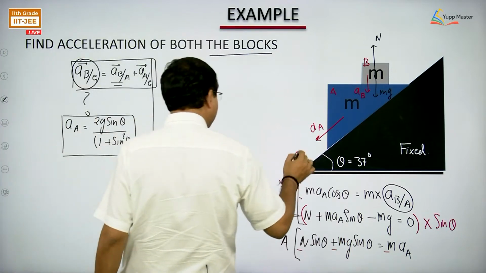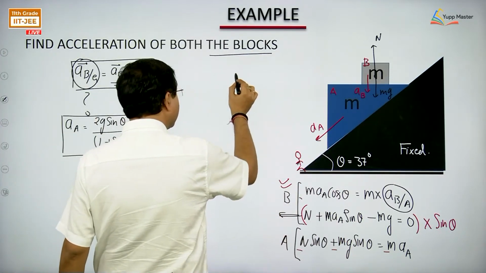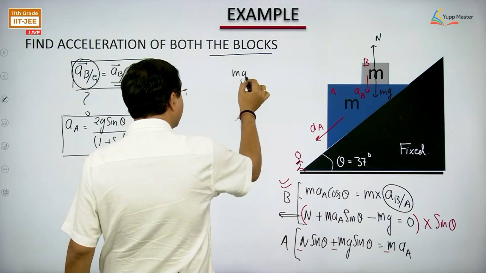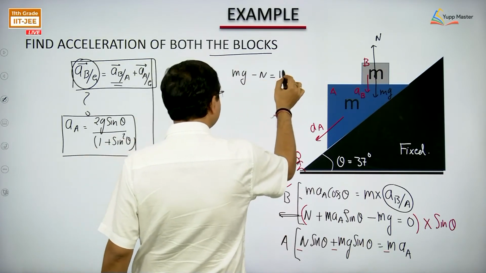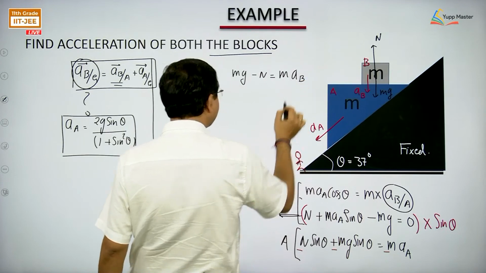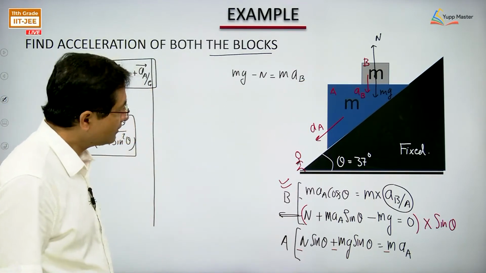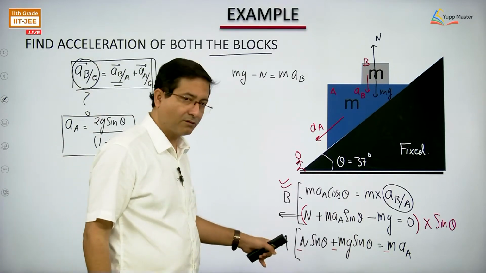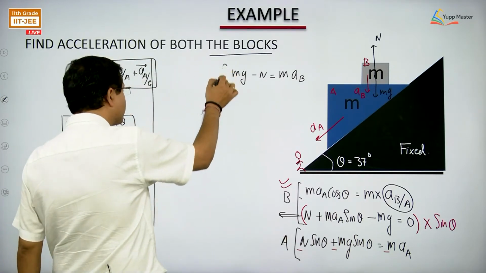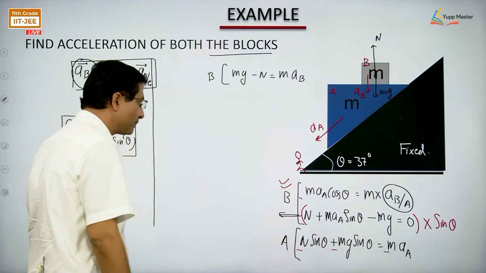So, this person is going to write that mg minus N is equal to mass into acceleration of B. Simple, right.